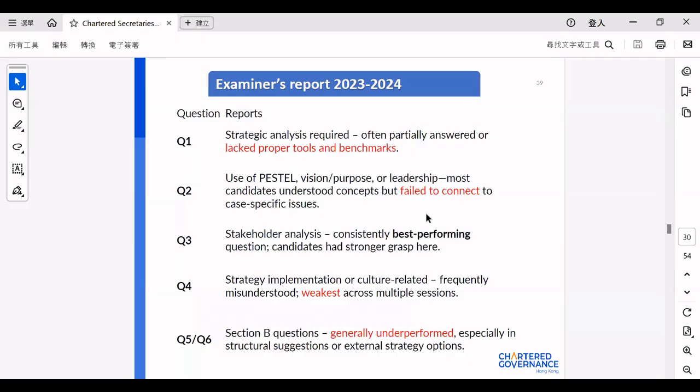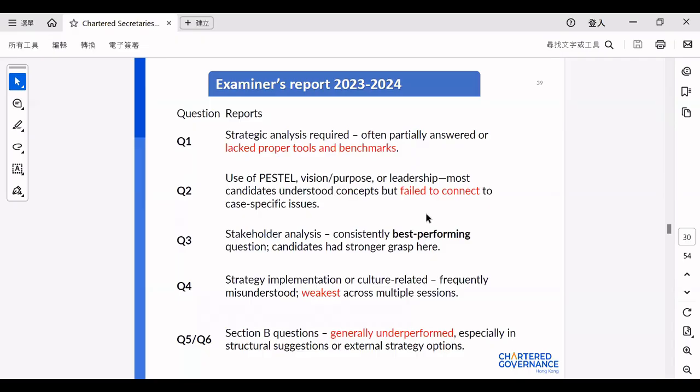Again, in the PESTEL analysis in question 2, everybody knows what PESTEL is. It's so easy. But you can't get good marks because candidates fail to connect to the case-specific issues. Many candidates could not apply PESTEL to the case scenario.